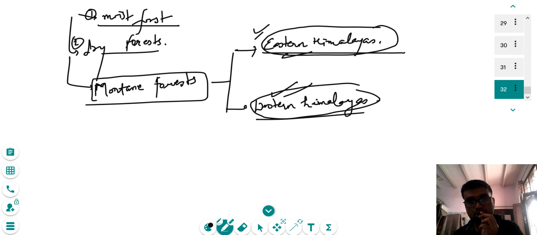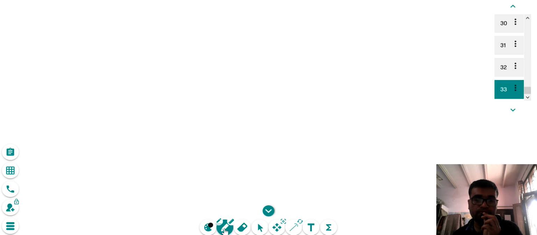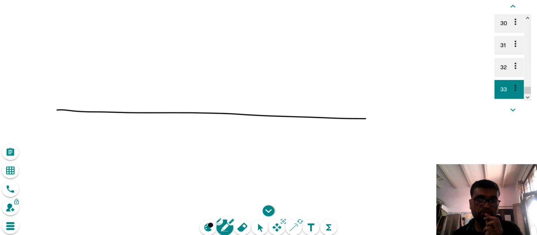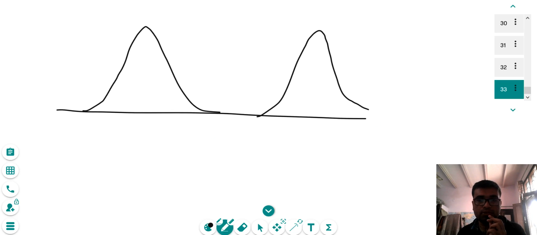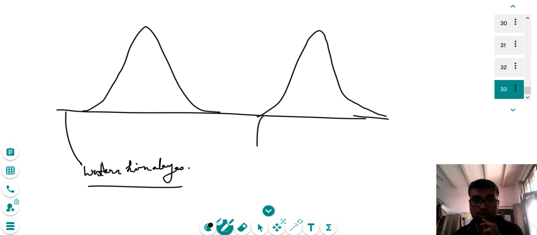So let us see the vegetation of both regions, making it parallelly. This is the western Himalayas, and this is the eastern Himalayas.